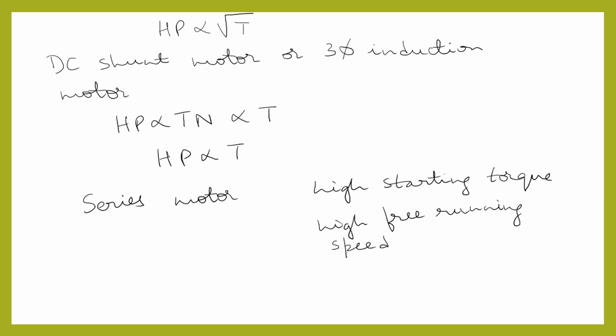So the speed of the motor is high during the free running period in the speed time curve due to the armature current being low. Next, the speed automatically decreases as the torque increases, and for the same torque, power and current drawn from the supply is more in case of shunt motor compared to series motor.